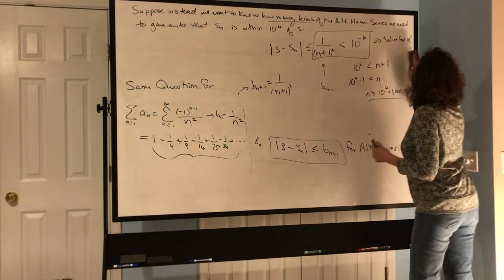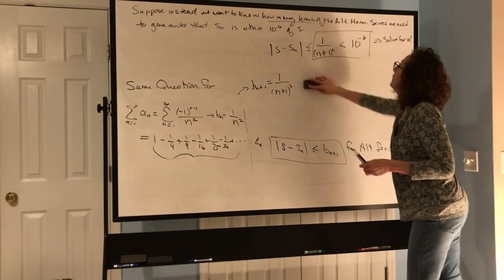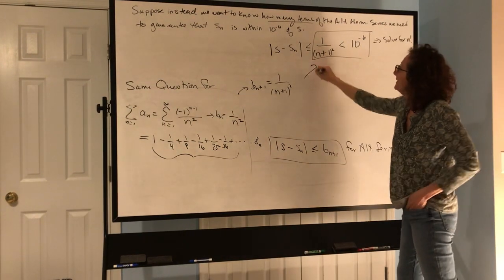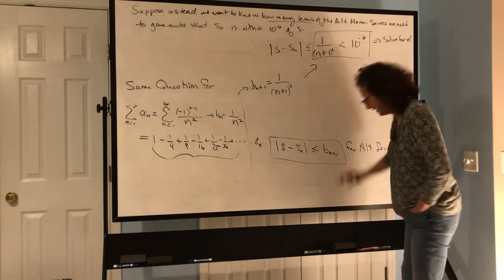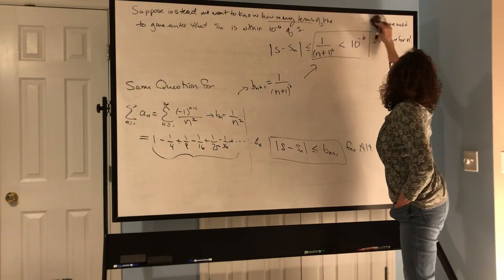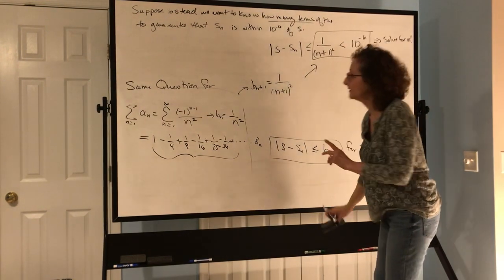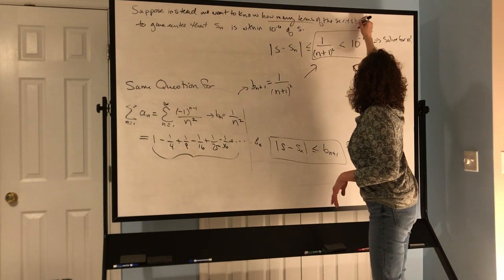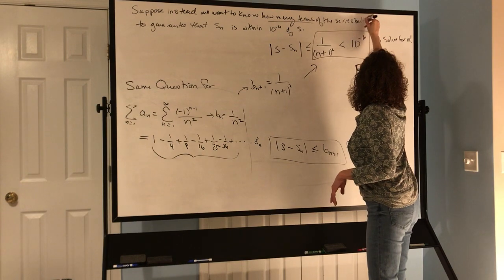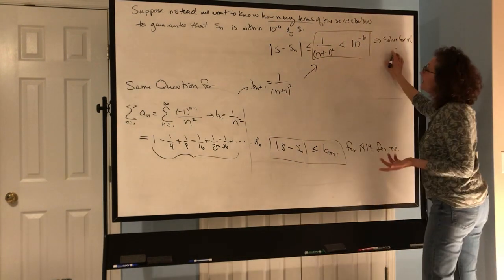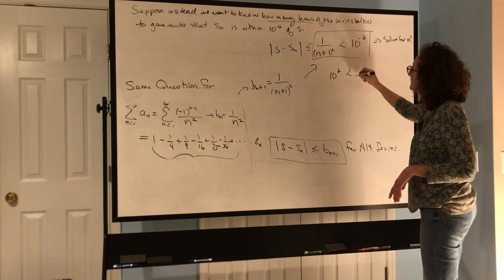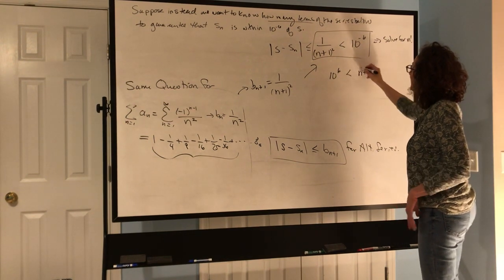All right, but anyway, here we are. And you're going to do the exact same thing for the series below. Now we're solving this guy for n, and what do we see? 10 to the 6 is less than n plus 1 quantity squared.